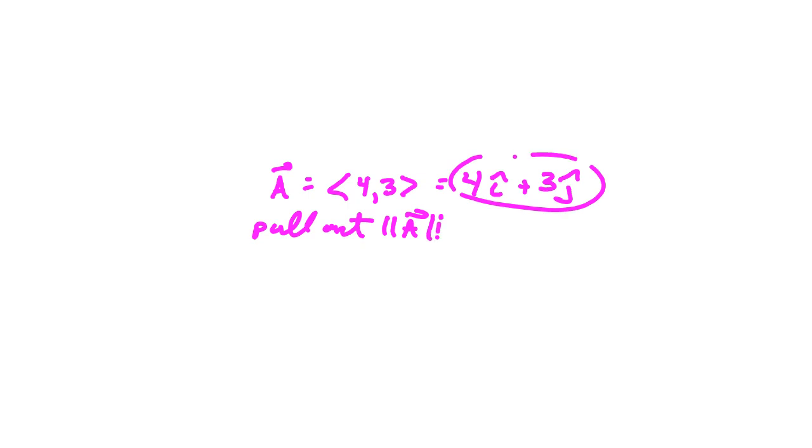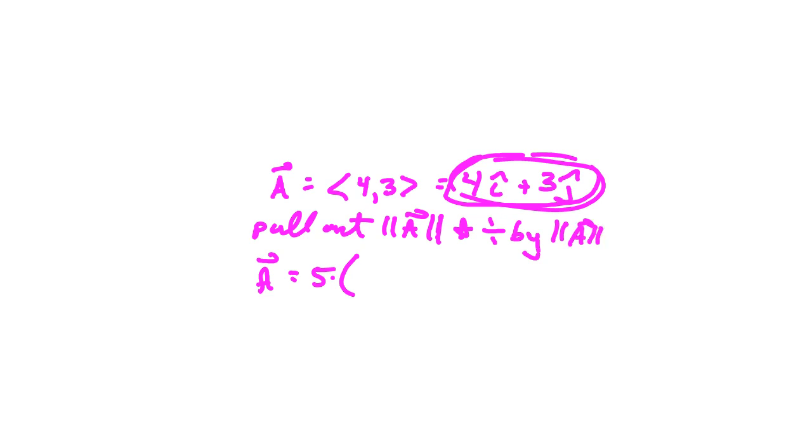Since I pull that out by multiplication, let me start that process. If I pull a 5 out, well, I didn't have a 5 in here. So to undo that multiplication that I don't have up here, I have to divide by the norm of a hat as well on each part.